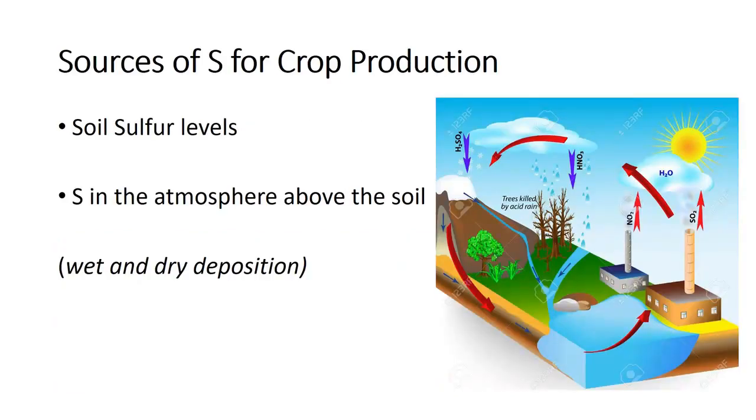The major sources of sulfur for crop productivity are the sulfur contained in the soil, and the sulfur in the atmosphere above the soil. We could get sulfur as wet and dry deposition, so the tissue of the plant can absorb sulfur dioxide through the leaves, and the wet deposition. I think most of you are probably familiar with acid rain, and most of the agricultural sulfur used to come from acid rain.